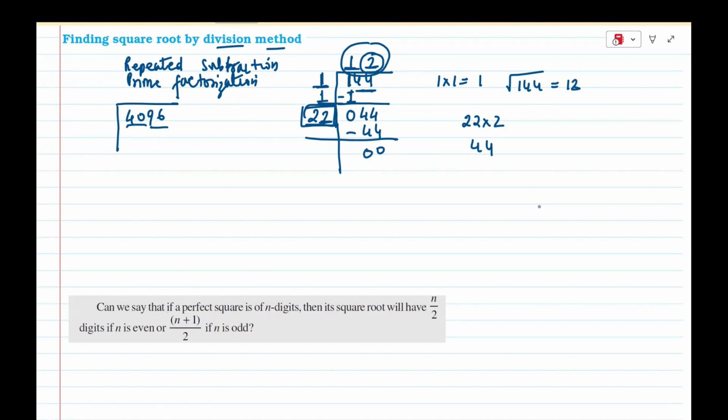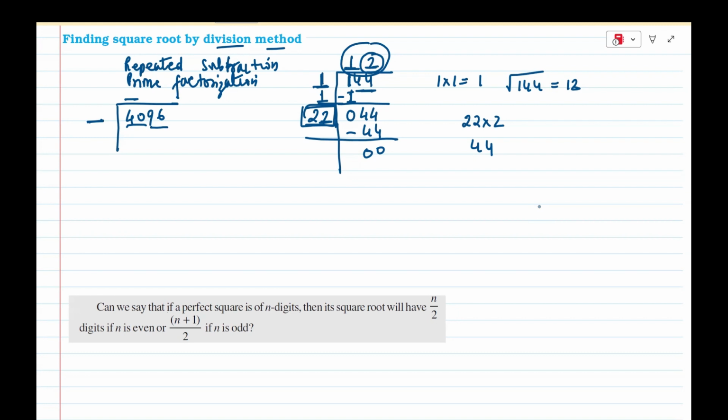Now I need to decide divisor and quotient such that both numbers have to be the same and the multiplication of these two should not exceed 40. So see, if I write 5 here, 5 here, 5 5s are 25, which is very less than 40. I can take 6, 6 6s are 36, which is again less than 40.